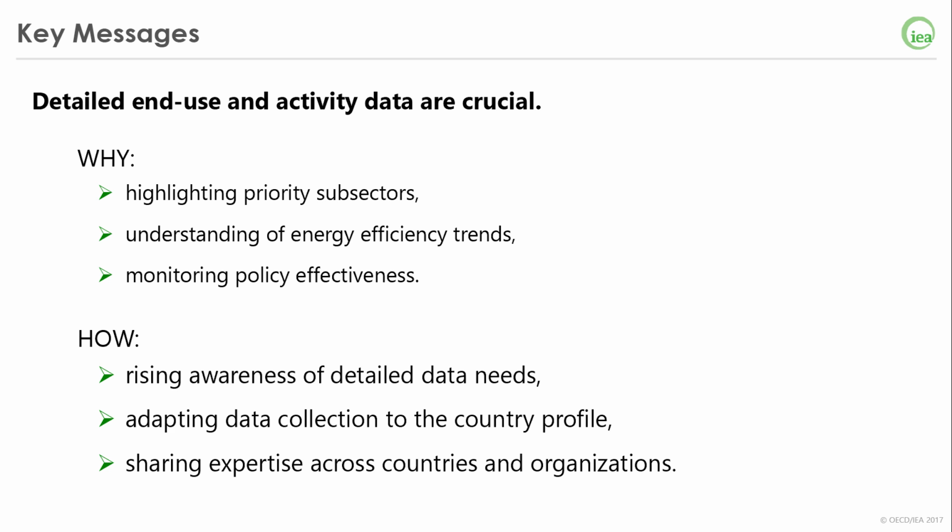You can start with them, understand trends better, and monitor policy effectiveness. It is important also to raise awareness about data needs, as well as adapting data collection to the profile of your country. Please share as well experience from your data collections and learn from what is already online.